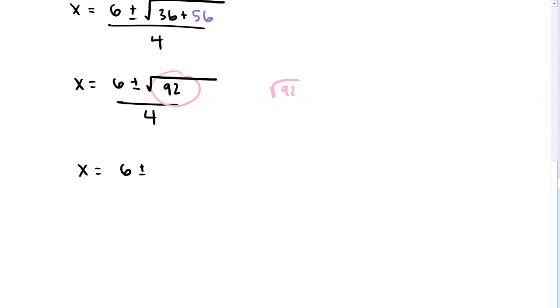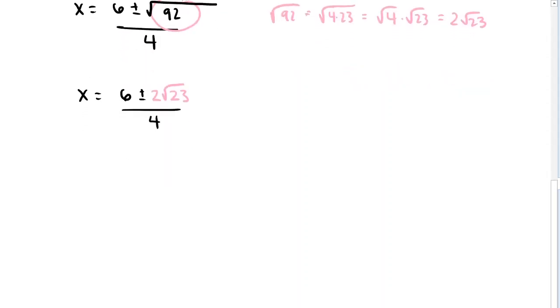The square root of 92 is the same as the square root of 4 times 23, and that's the same as the square root of 4 times the square root of 23, which is 2 times the square root of 23. We can break apart square roots along multiplication or division. And so this is the same as 2 square root 23 divided by 4.